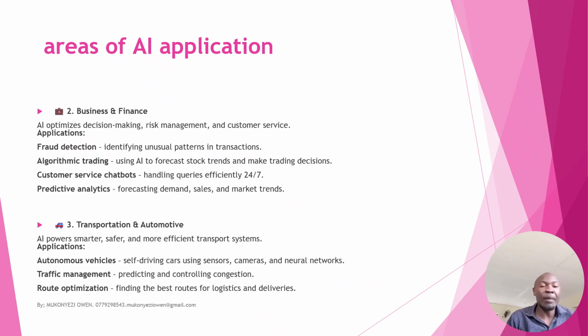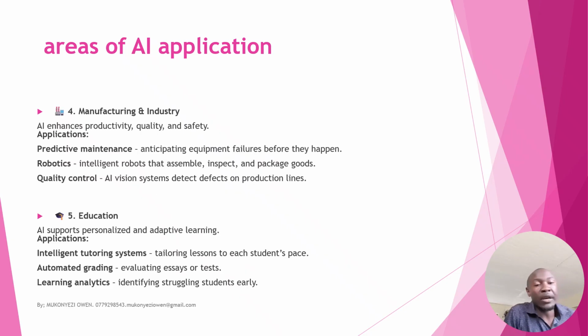Then it is also applied in transportation and automotive, where we looked at autonomous vehicles, the self-driving cars using sensors, cameras, and neural networks. Traffic management, predicting and controlling traffic congestion, and route optimization, finding the best routes for logistics and deliveries. It is also applied in manufacturing and industry, in predictive maintenance, anticipating equipment failures before they happen.